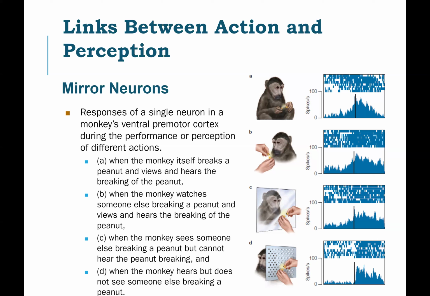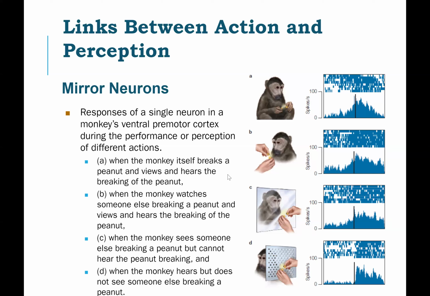What they are is that when the monkey is maybe cracking peanuts, or when the monkey sees someone cracking a peanut, or without hearing the sound even, or just hearing the sound. I think this porous thing is supposed to show that you hear the sound, or maybe you just see it, I think.